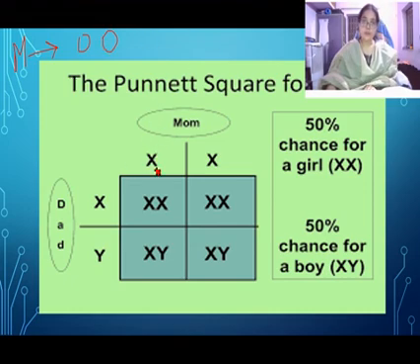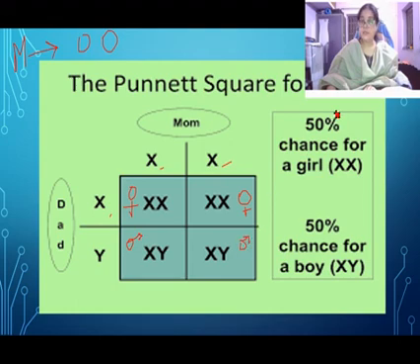So mom is forming this type of gamete with X chromosome and X chromosome. Dad is forming the gamete with X and Y. So XX will combine after fertilization. So what will this offspring be? Female. And this offspring? Female, X and X is there. This will be male, and this will be male.